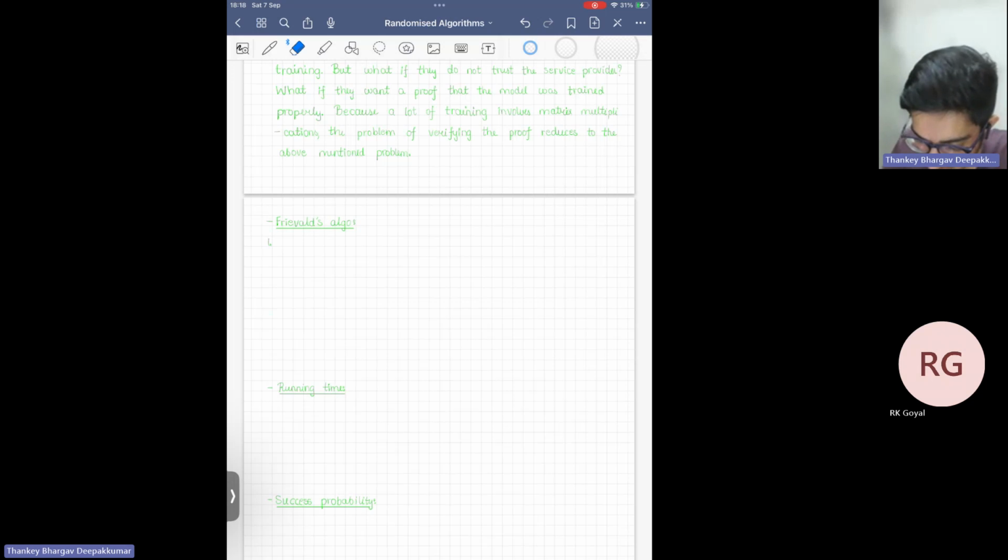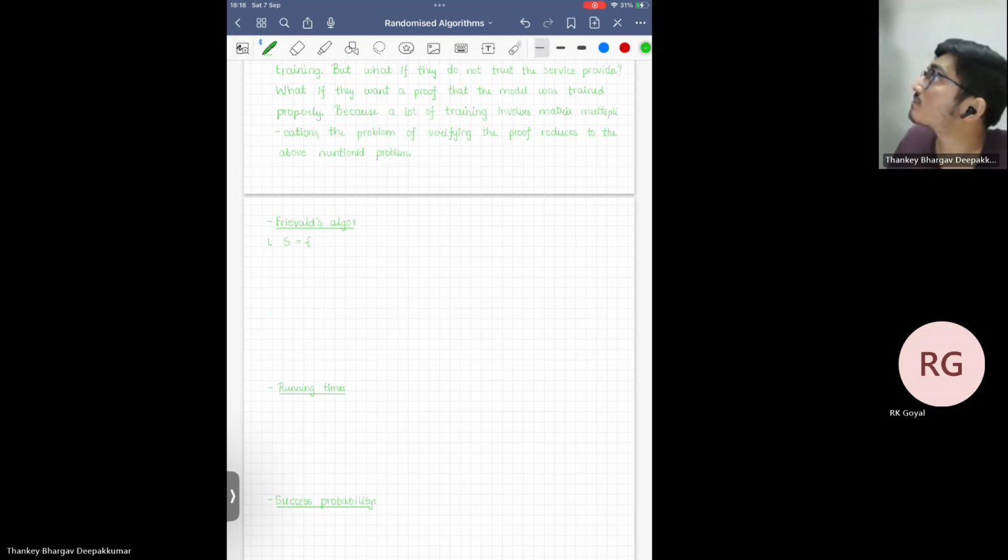Let me fix an S. Multilinear would be fine. 0, 1 suffices because the degree would become 2.